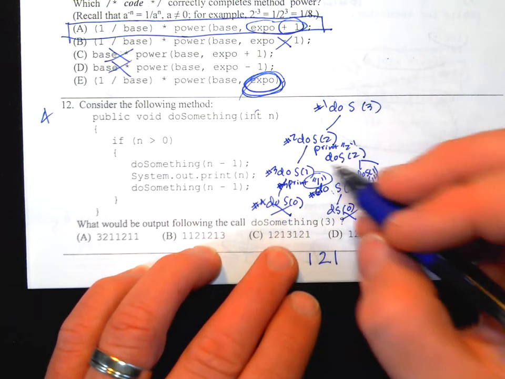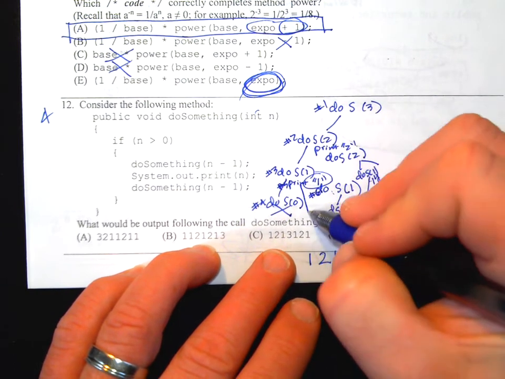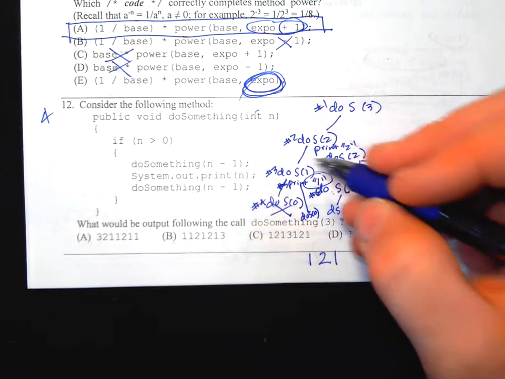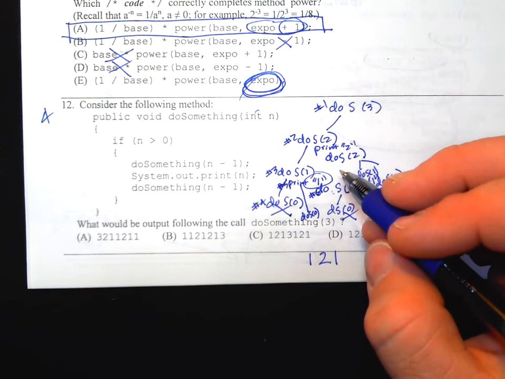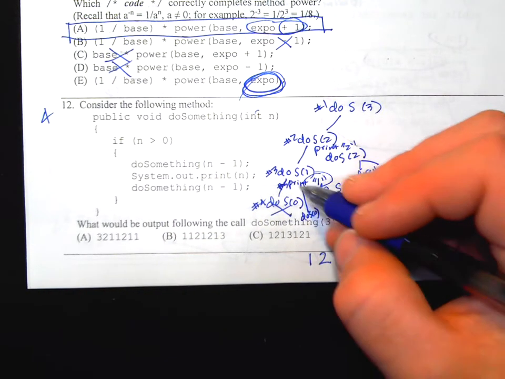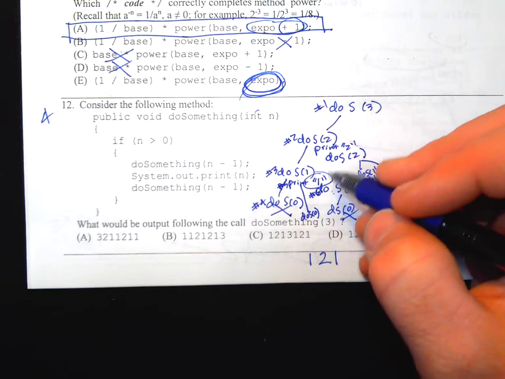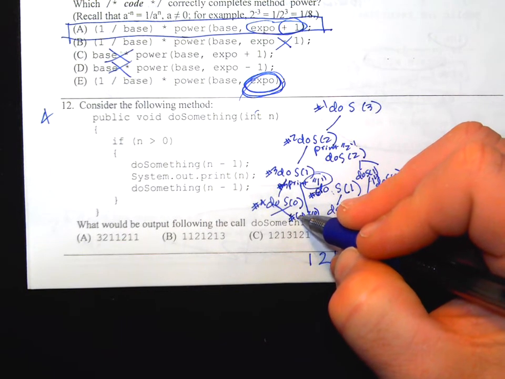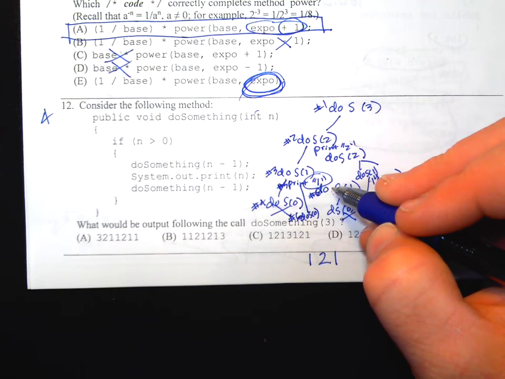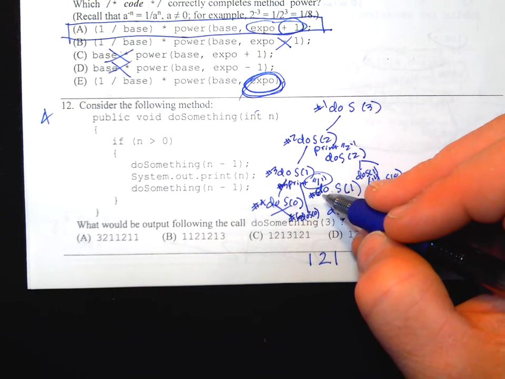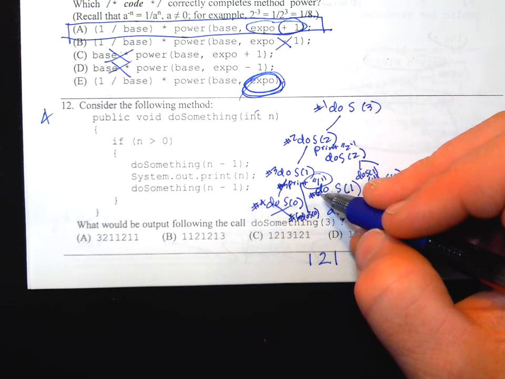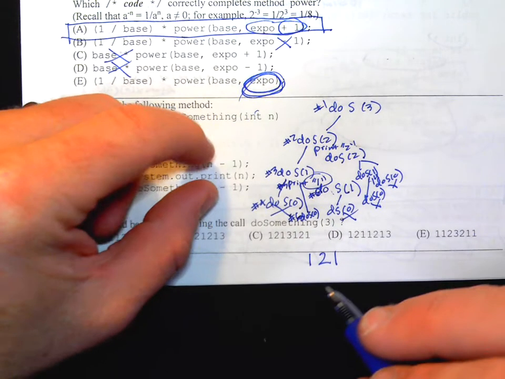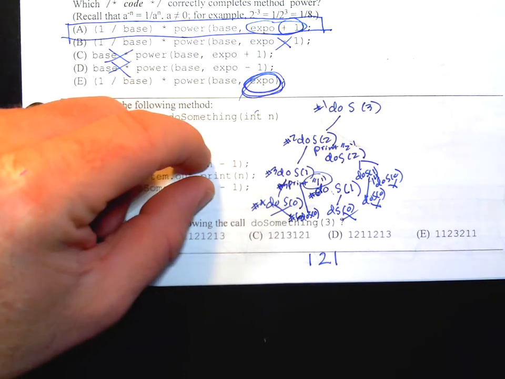Actually, hold on. I missed something. This was supposed to call do something 0 after. Yeah, this was called do something 0. So this was the 6th thing, and then okay, so it called do something 0, prints out the 1, calls do something 0.